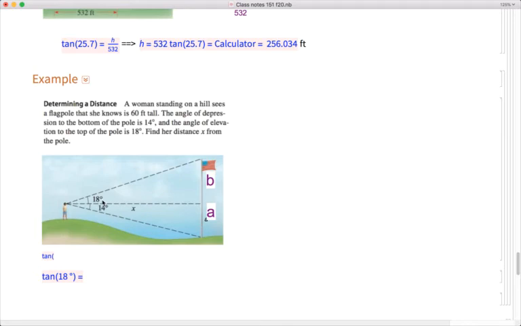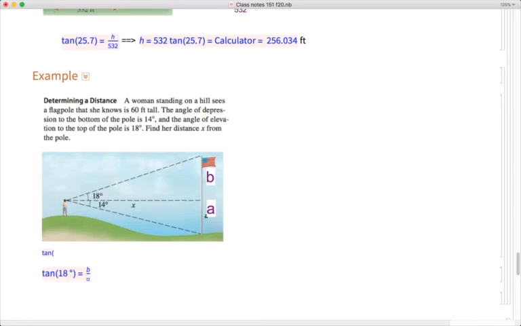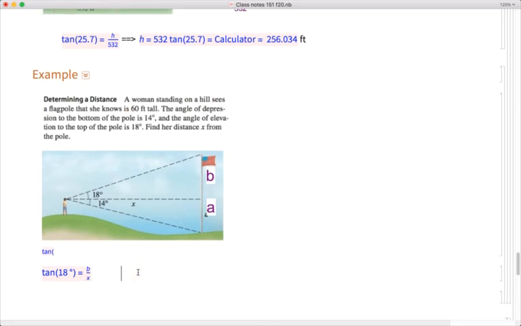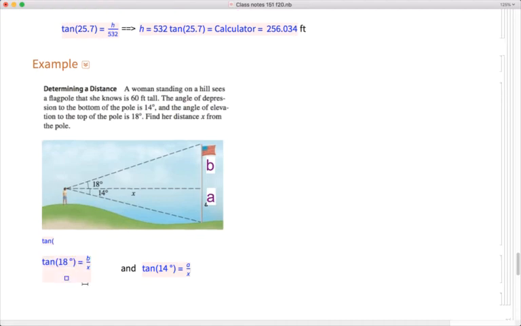In this upper right triangle, the opposite is B, the upper part of the pole, and the adjacent is X. Doing the same sort of thing in the lower triangle, tangent of 14 degrees is opposite over adjacent. We can solve each of these for A and B, just clearing out the X.